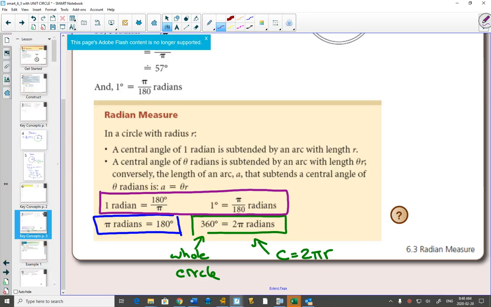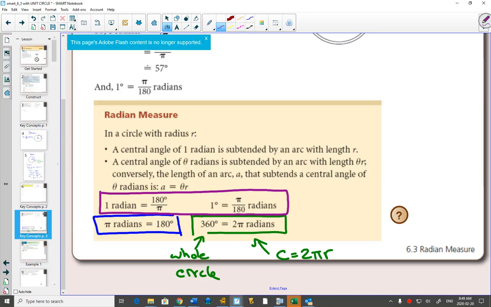If you had to change 7 degrees to radians, I'd use the second one and multiply both sides by 7, and I'd find out 7 degrees is 7 pi over 180. If I wanted to find out what 3 radians was, I could use the first one. Multiply both sides by 3, and I'd get 540 degrees over pi. So those two are useful for changing back and forth, and we're going to be doing a lot of converting.